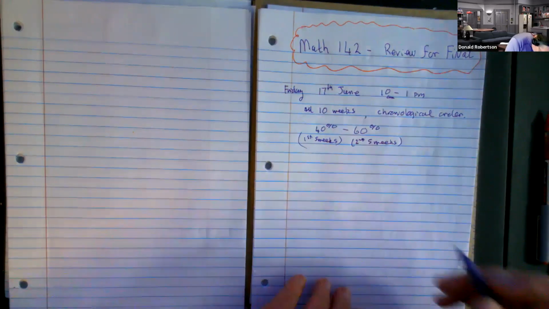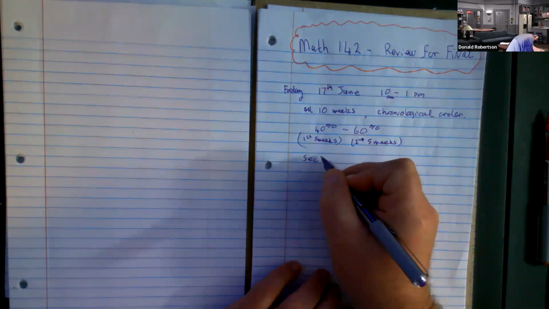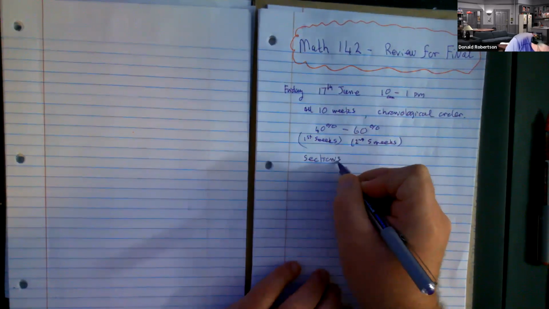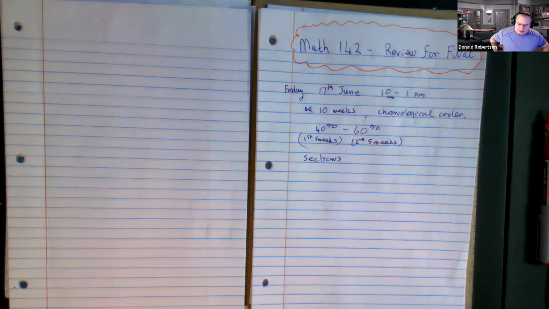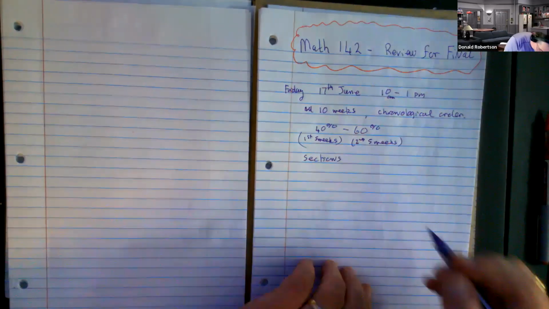Okay. Now, it's going to have 2 sections, and they're both going to be on Canvas. So there's no WebAssign at all. Right, so you don't need to worry about WebAssign. WebAssign will actually disappear. So if you went into WebAssign, it would be empty. You wouldn't see anything. It's going to be in 2 sections.